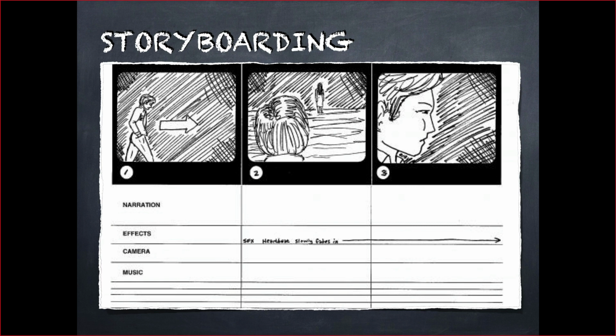Here's an example where you would write out the narration, any kind of effects, what the movement might be, and if there's music. You can show the characters and how much of the characters are going to be seen.